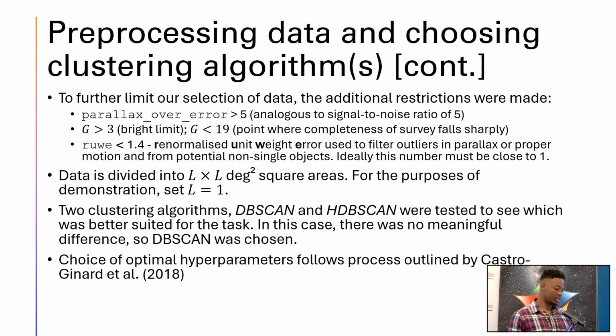So using a degree square partition of 1 degree is really good at being able to detect both open and globular clusters. But as I said, I'm going to be focusing more specifically on globular clusters.